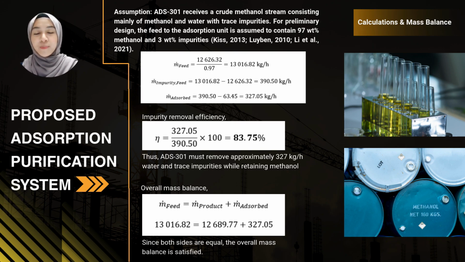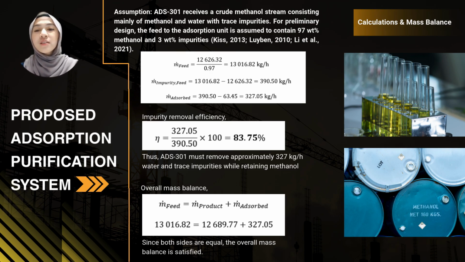This assumption represents a methanol-rich stream after the primary separation stage. From the material balance, the adsorption unit must remove approximately 327 kilograms per hour of water and trace impurities while retaining the methanol. Finally, an overall mass balance was performed around the adsorption unit. The results show that the total mass entering the system equals the total mass leaving the system plus the impurities retained by the adsorbent, confirming that the conservation of mass is satisfied.